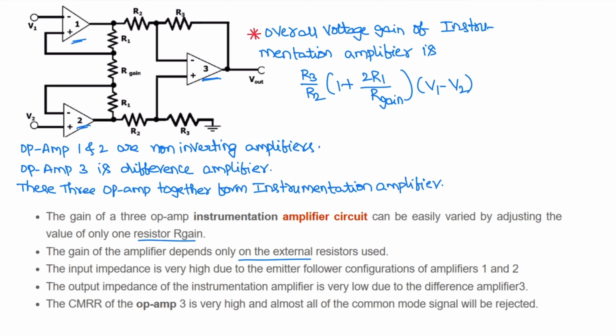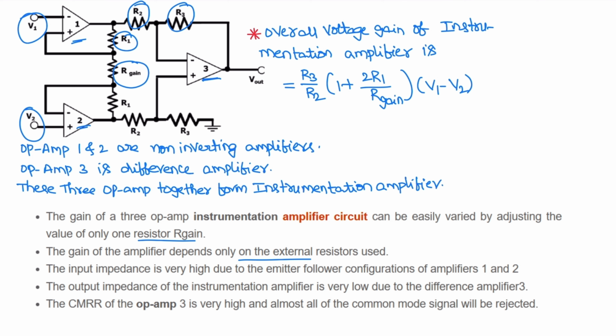The overall gain is R3 by R2 into 1 plus 2R1 by RG, into V1 minus V2. This is the overall gain of the instrumentation amplifier.